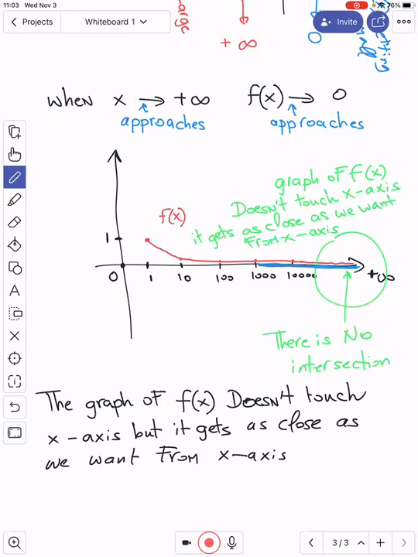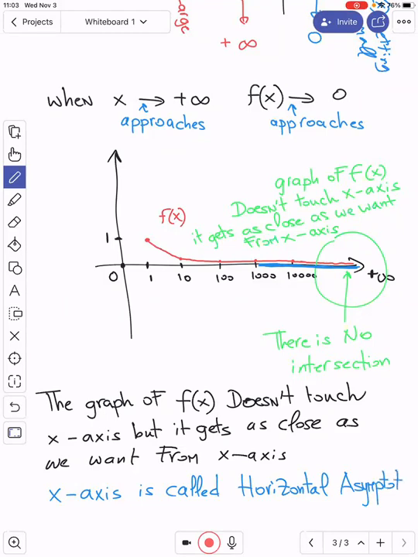So actually the x-axis is called the horizontal asymptote for the graph of f. I'm going to define it later after the examples, but let me just say the x-axis is called a horizontal asymptote.